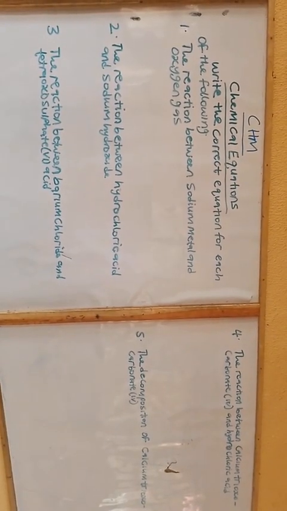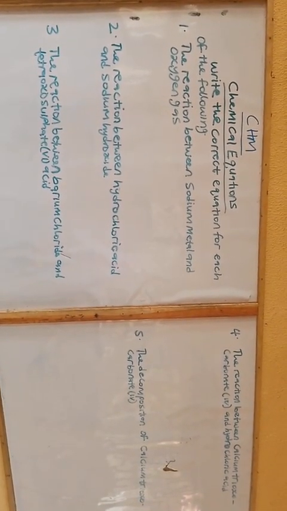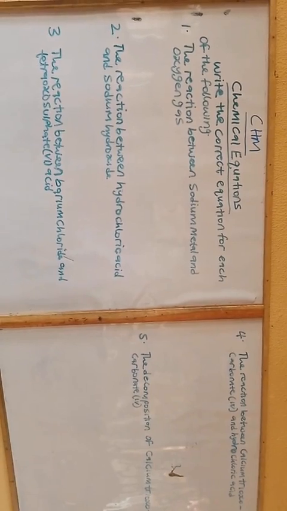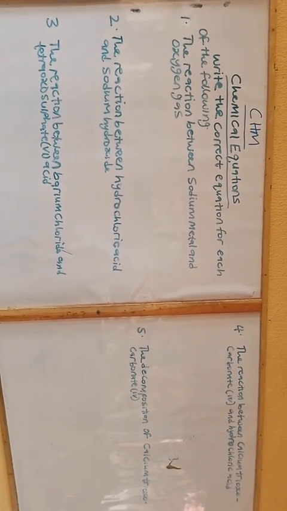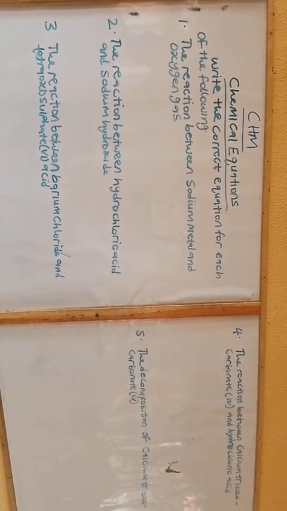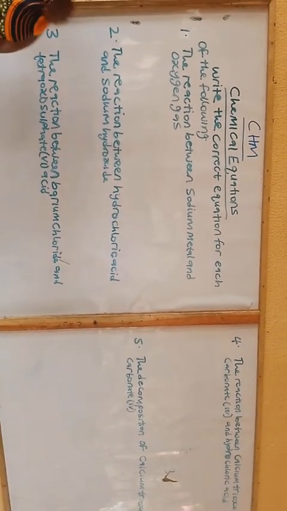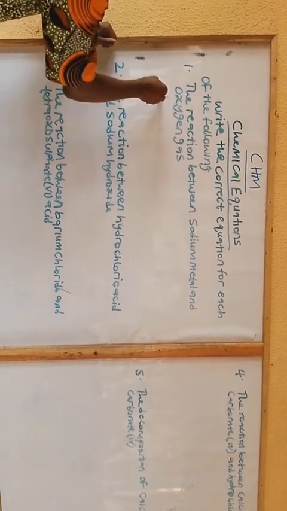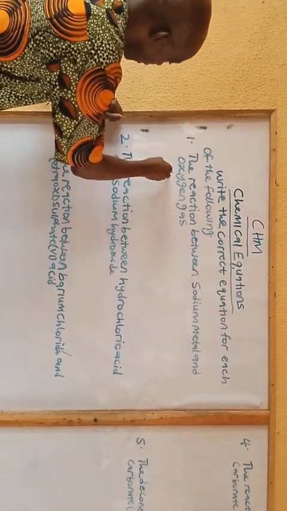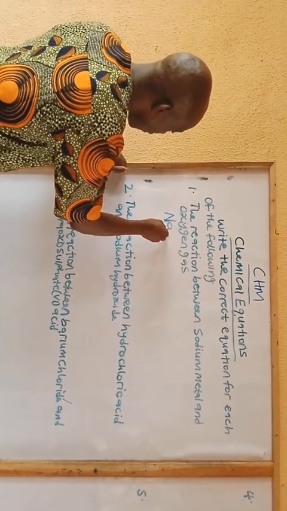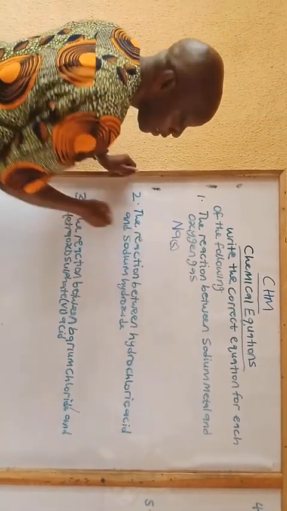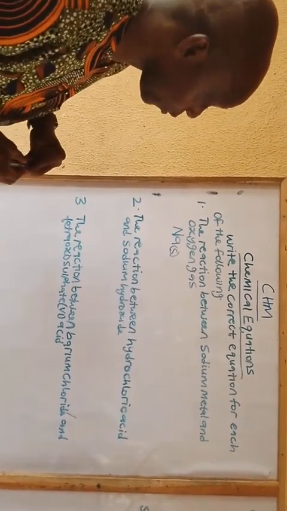The first one states, write the correct equation for each of the following. The first question is the reaction between sodium metal. Sodium metal is Na, solid, because the state of the reactant and the product are also very, very important.